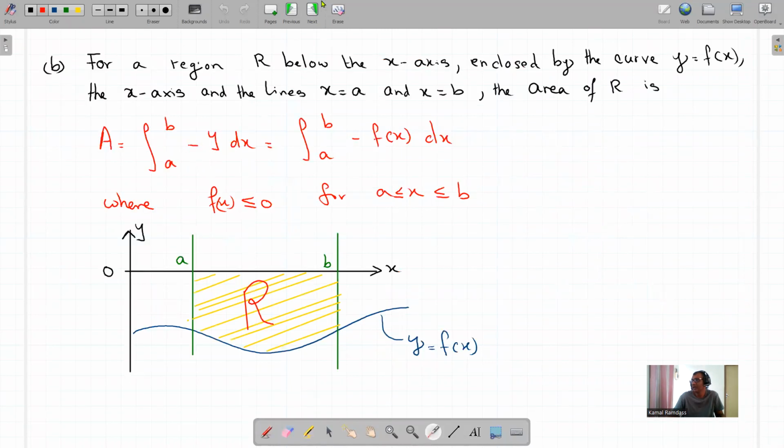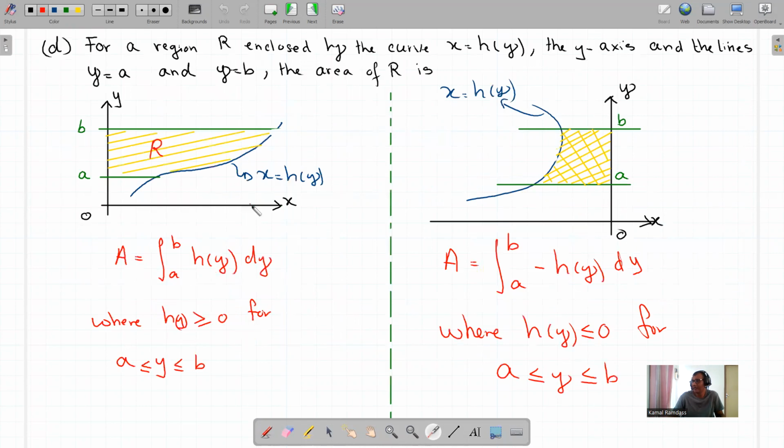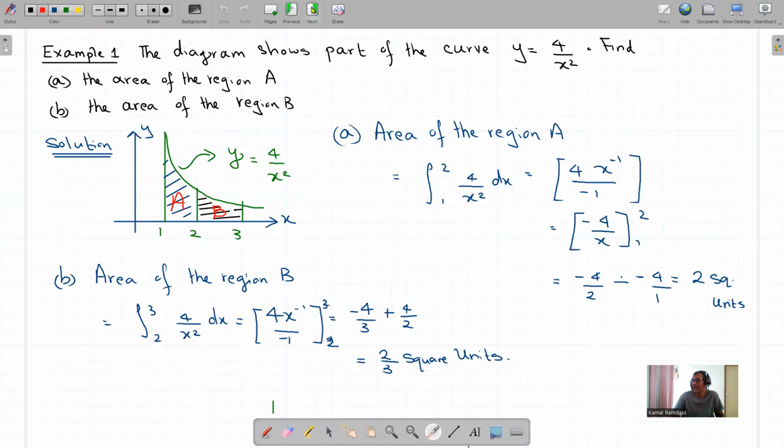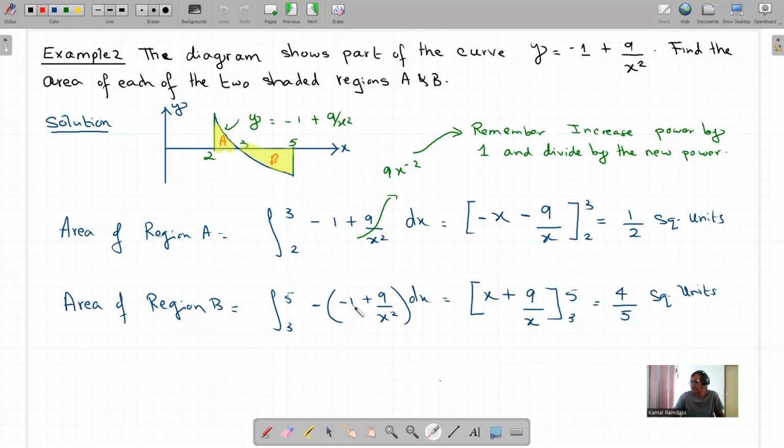You see? So the area of region B is minus of minus 1 plus 9 over x squared. Instead of negative, we get positive: x plus 9 over x, between 5 and 3. And there we get 4 over 5, because it is 5 plus 9 over 5, minus 3 plus 9 over 3.